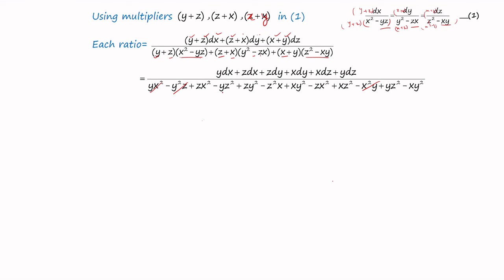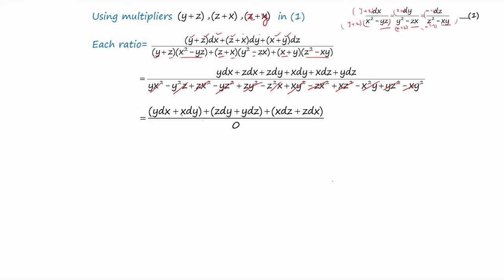Minus y squared z, and here plus y squared z. And z x squared minus z x squared, minus y z squared plus y z squared, and minus z squared x, plus z squared x, and then xy squared minus xy squared, so the denominator will be equal to 0.